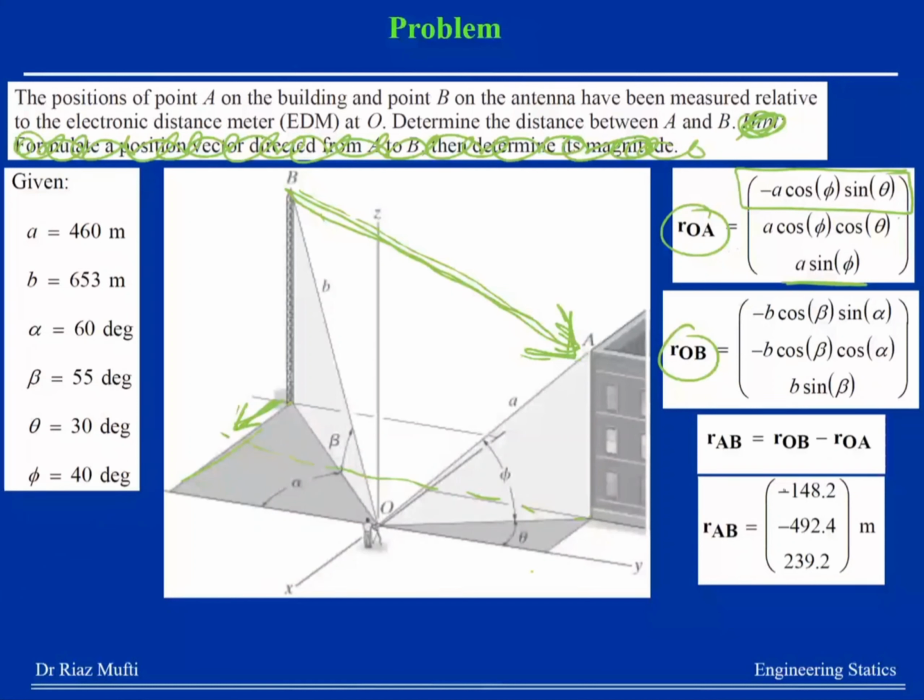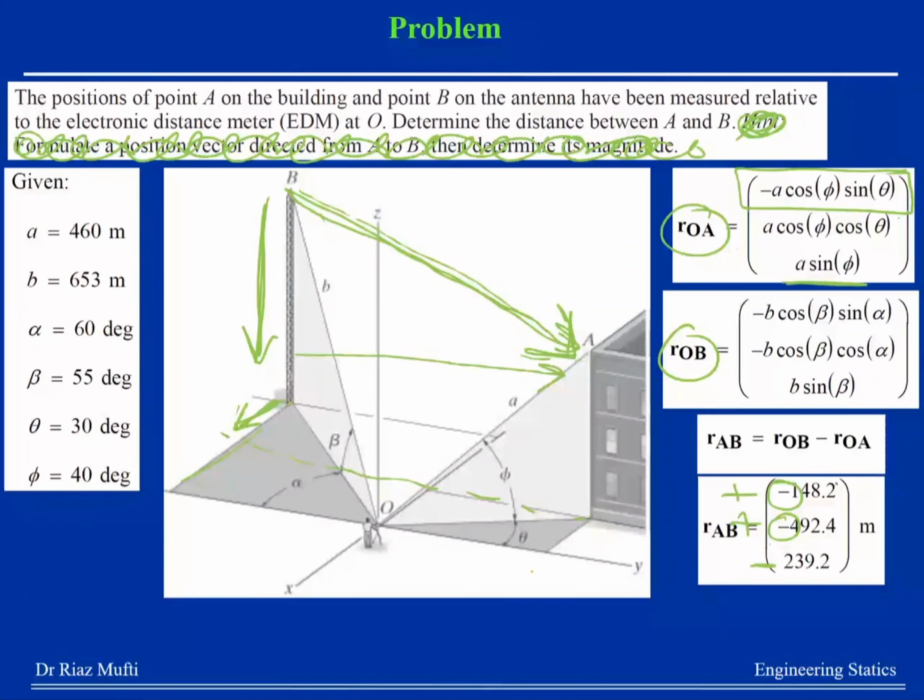Again, the y component is in the positive y direction, so Y also becomes positive. And it is in the downward direction, so Z becomes negative. So the value magnitude will be the same, but the signs will change.